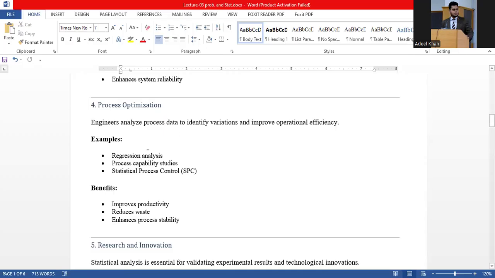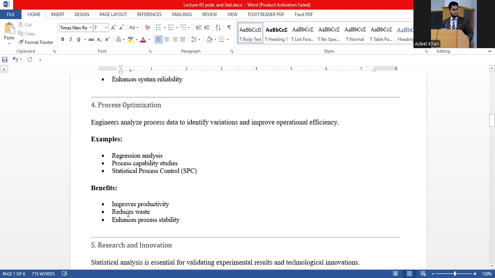So this is regression analysis, in which we get the data pattern, and in depth we need to concise that data into a single line. The second one is process capability studies, and further, statistical process control.